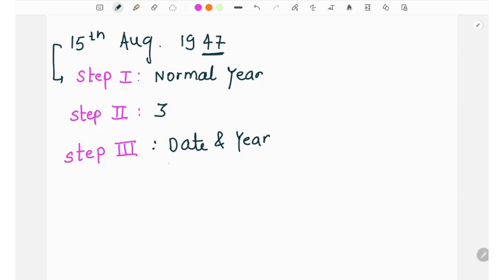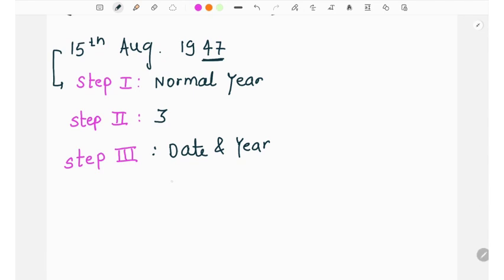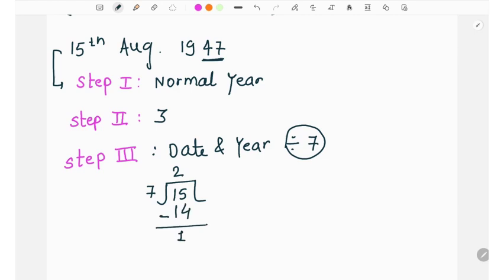First for date. If I divide 15 by 7, I'll get 7 2s are 14, remainder is 1. Here the remainder is important for us. So the remainder for date is 1, correct?